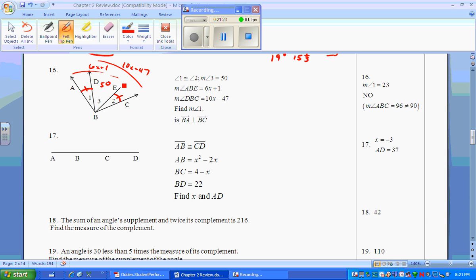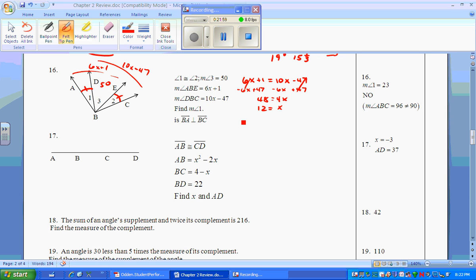Angle 3 is reflexive and 1 and 2 are congruent, so these overlapping pieces are congruent. So we can say that 6x plus 1 is equal to 10x minus 47. Subtract the 6x over this way, add the 47 the other way, so we get 48 is equal to 4x, so x equals 12.